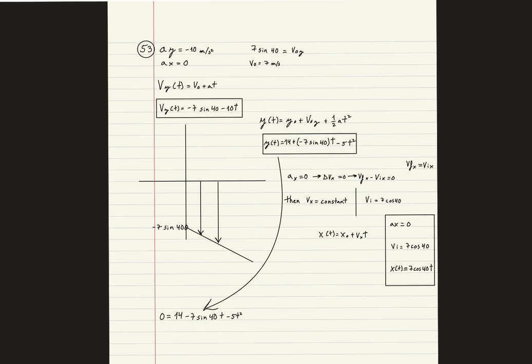We get the formula V_y of t equals V initial plus a of t, my bad, which we get negative 7 sine 40 minus 10t. We look at this going down linearly by this part right here, and this part is going down. And we look at the conditions.